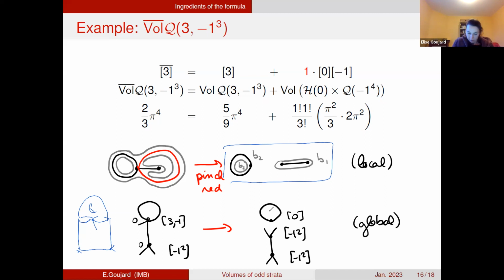So if you look at what you get in your global counting of square tile surfaces, now you have counted additional square tile surfaces that are disconnected.